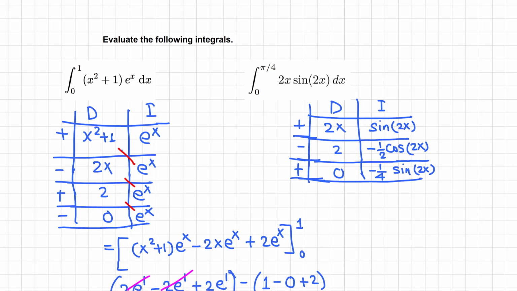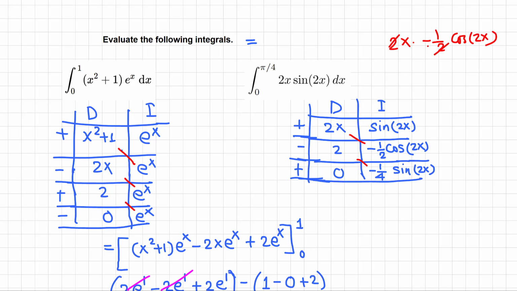And now we multiply positive 2x by this one, negative 2 by this one, and then we need to go from 0 to pi over 4. So this integral is 2x times negative 1/2 cosine 2x.